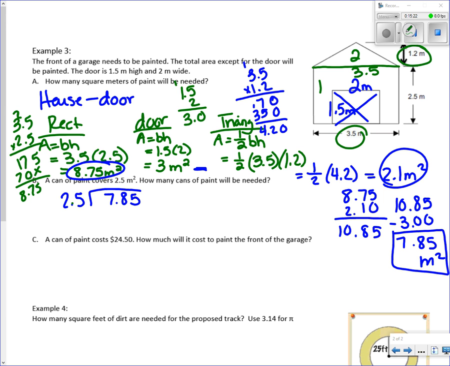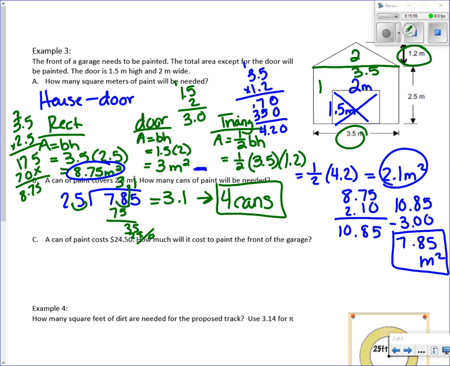So I have to move my decimal, and now I'm going to divide. 25 goes into 78 3 times, which is 75. 25 goes into 35 1 time. At this point I can stop because we get an answer of 3.1 something. So if I only buy 3 cans of paint, we're going to have a little bitty piece on the side that's not fully covered. Therefore, I have to round up to 4 cans.